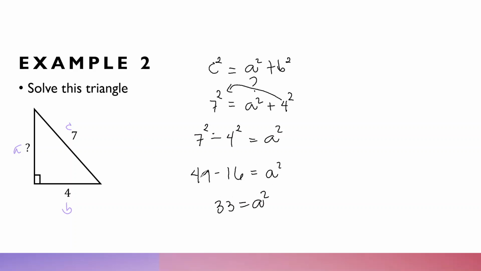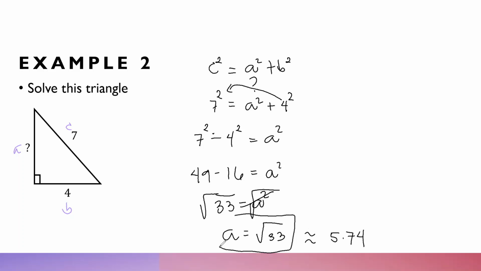Now raise both sides of the equation by 1/2, or take the square root. Cancel this. So A is equal to the square root of 33, or this is approximately 5.74. So A, the other side of the right triangle, is equal to the square root of 33 or 5.74.